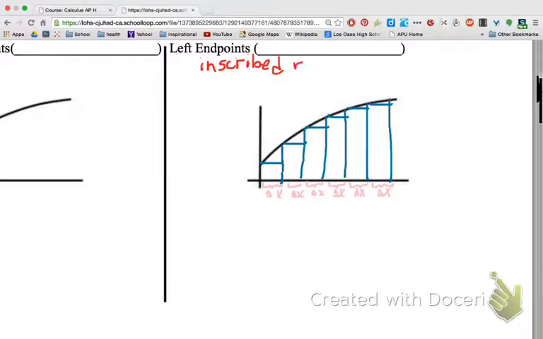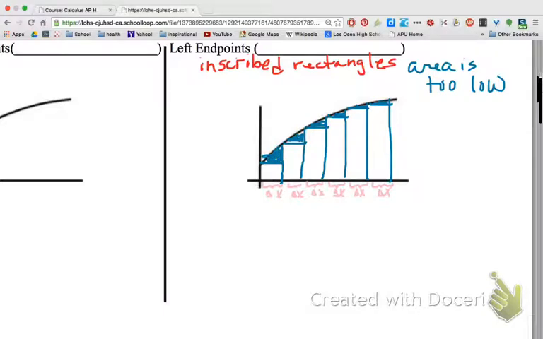Inscribed rectangles. And so now this time my area will be under, because I'll be leaving out this, and oops, I didn't include this and this. So the area under that curve, I'm going to basically underestimate by using the left rectangles.